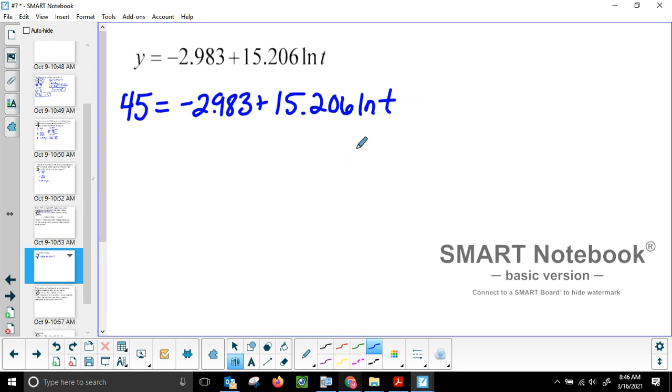So we're trying to solve for T here. First thing I'm going to do is add 2.983 to both sides.